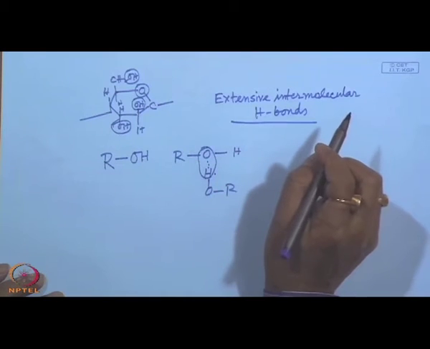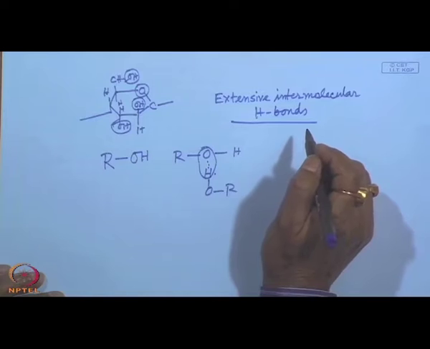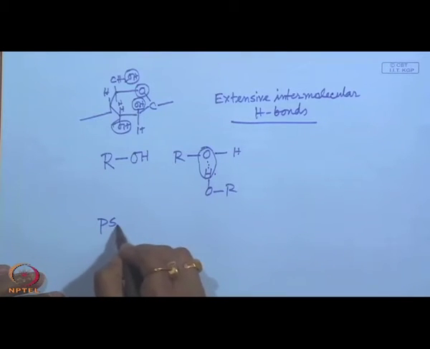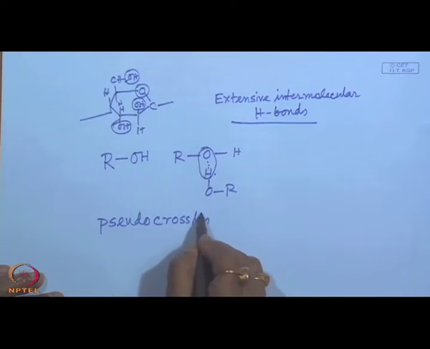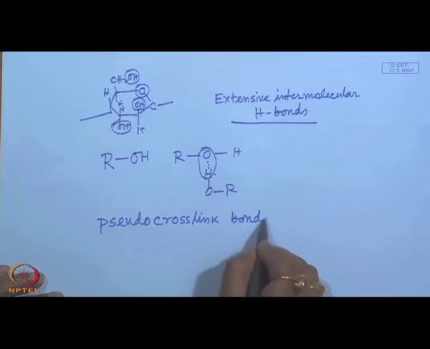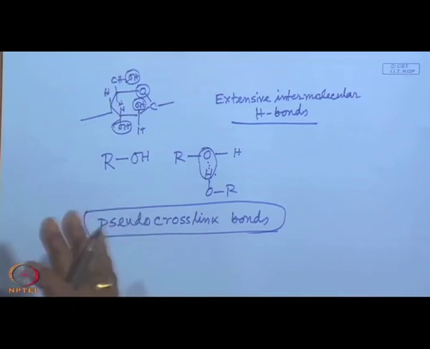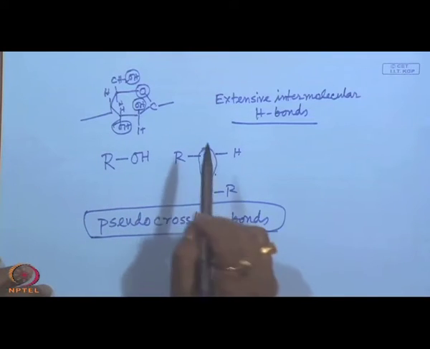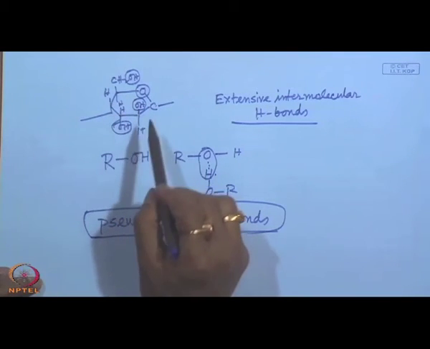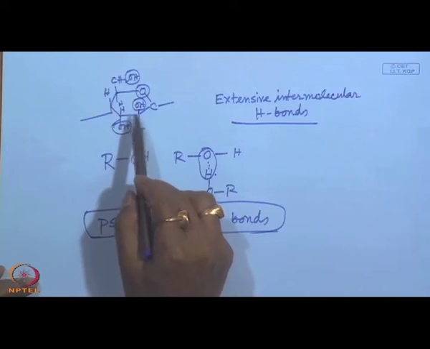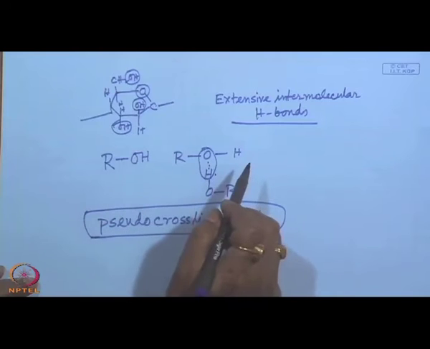These hydrogen bonds present in cellulose behave like pseudo cross link bonds. Pseudo cross link bonds means there is intimate bonding between each anhydroglucose unit of one molecule and the anhydroglucose unit of the other molecule.